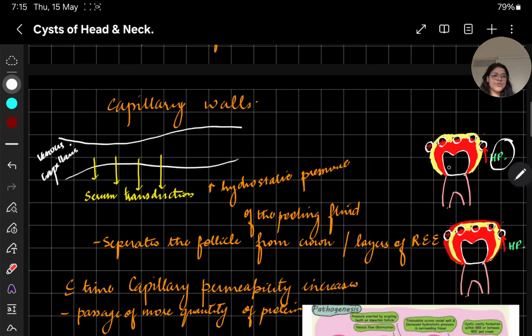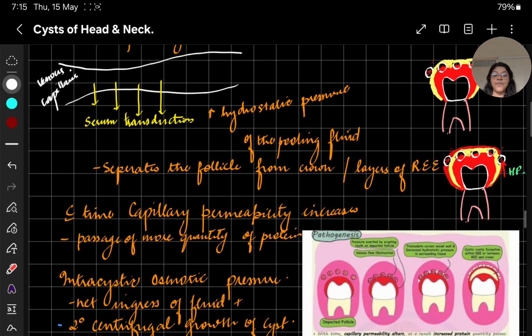Either it could join in here, in the cyst, and separate the follicle from the crown or from the layers of the REE. Okay, with time the capillary permeability increases and more protein comes out.